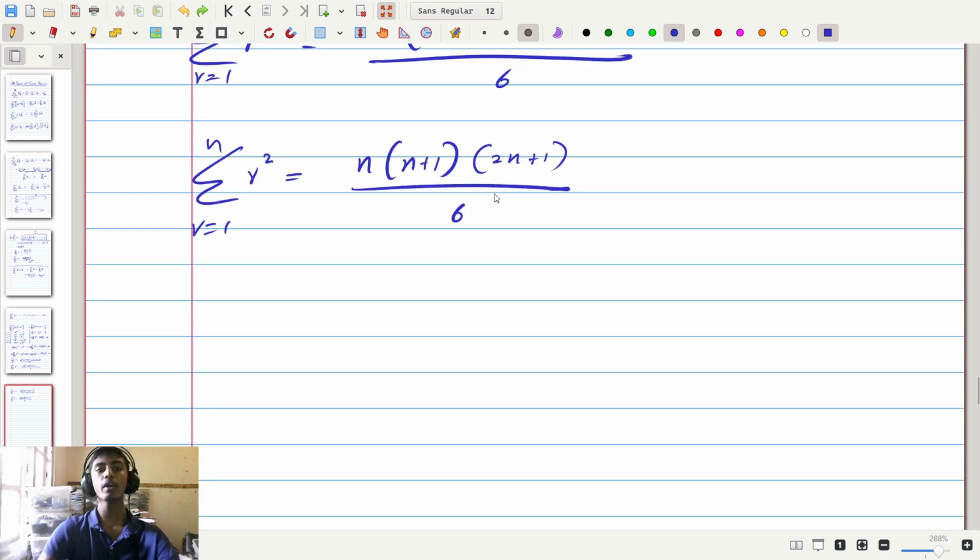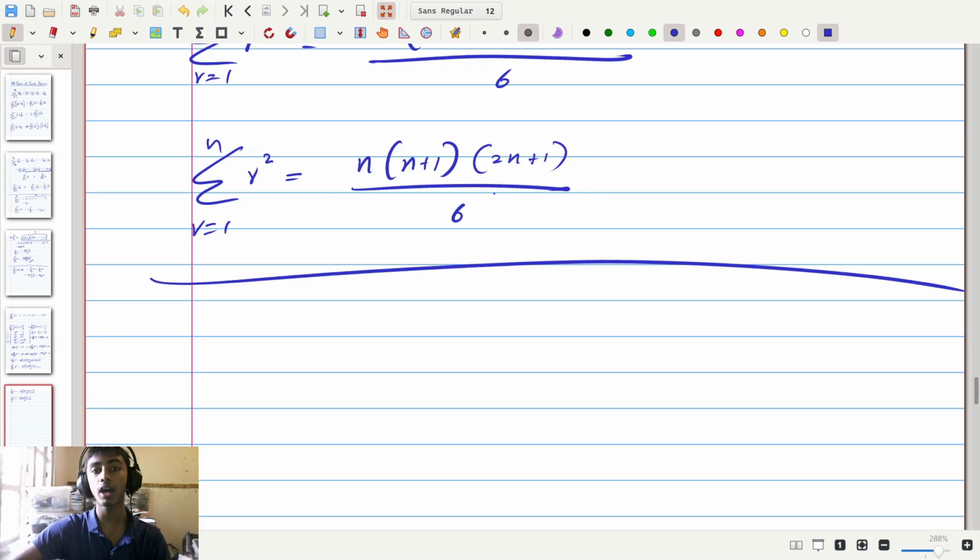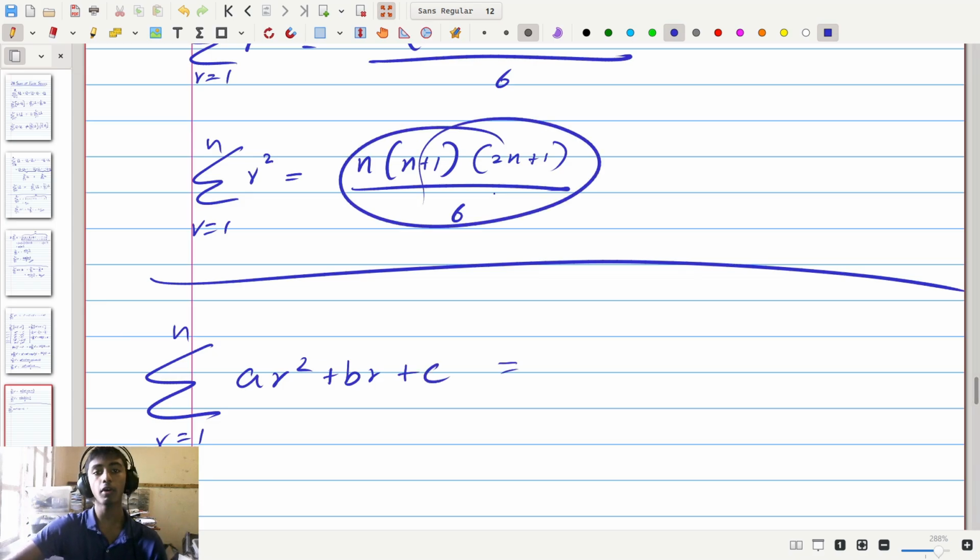With this, we now have a common way to write the sum of any quadratic, as in of the form ar squared plus br plus c. So we can generally write, if you have the sum from r equals 1 up to n of ar squared plus br plus c, we can find this in terms of a general form of just n.